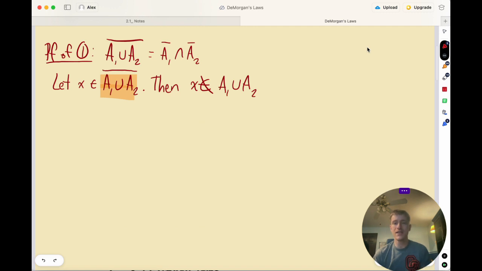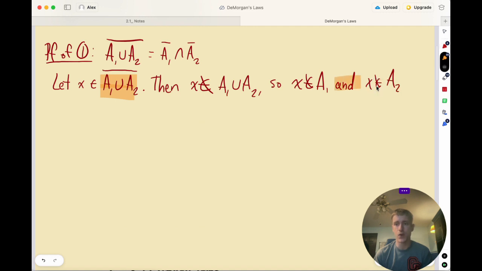Remember, the union says it's in A1 or A2. If you're saying it's not in A1 or A2, that means I'm not in A1 and I'm not in A2. So we have that x is not in A1 and x is not in A2. That and is going to be important.